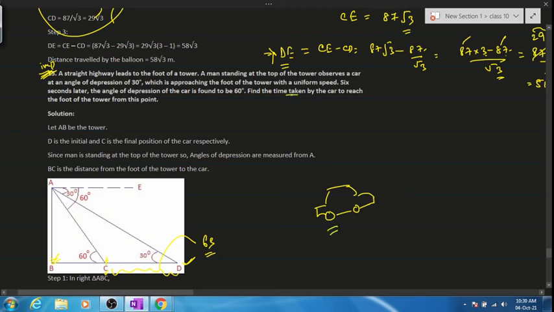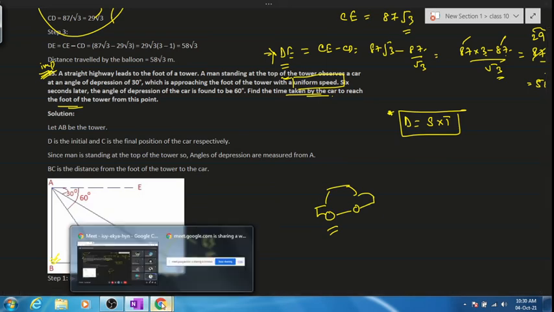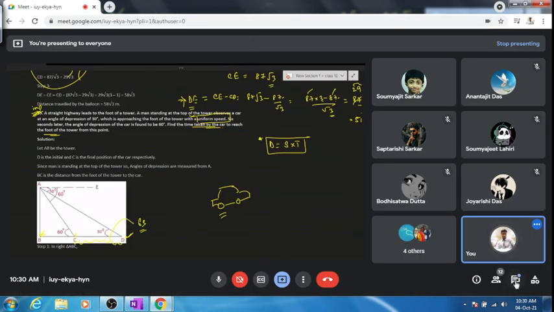Okay, the time taken by the car to reach the foot of the tower from this point. Now the very important thing to be noted here is that the car is traveling with a uniform speed, and I would expect you all to know the formula: distance is equal to speed into time. I hope this formula is clear to everyone. Yes or no?